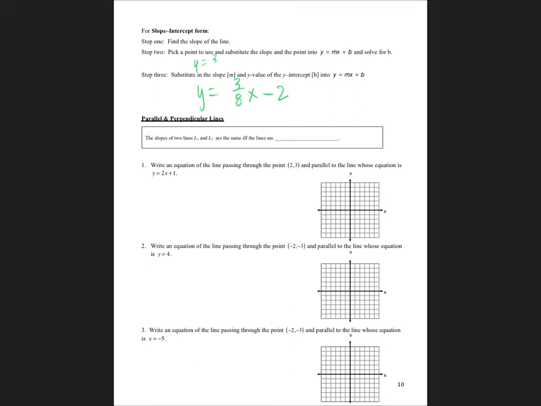If I only have this information, I can solve for b. If I find the slope, I can pick any one of those points and substitute back in for my x and my y and solve for my b. And then once I have my b, put it in slope intercept form.